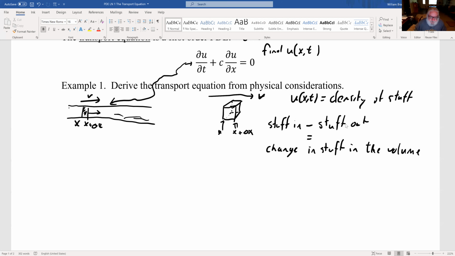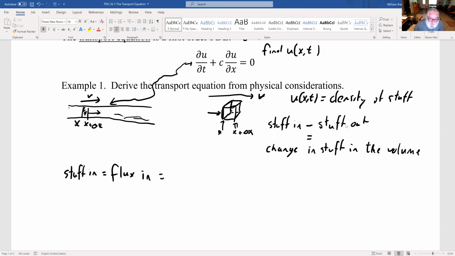So what's the stuff going into my volume? That's the stuff, or if you're doing physics, that's the flux of stuff going in. Right, so flux is another word that you hear for that.